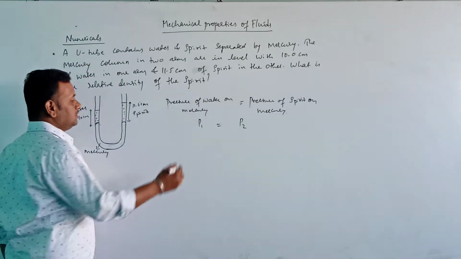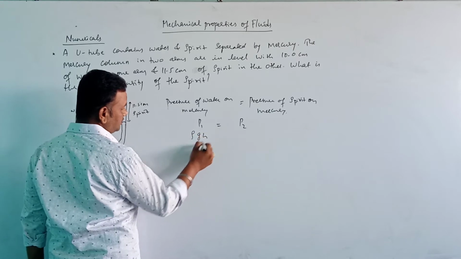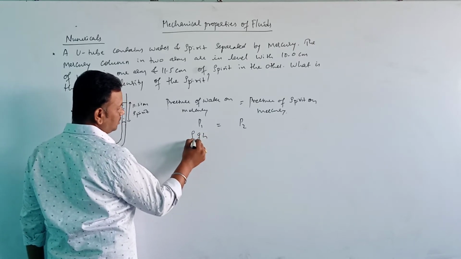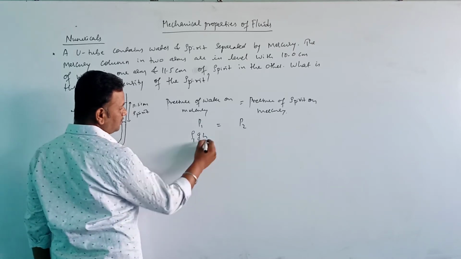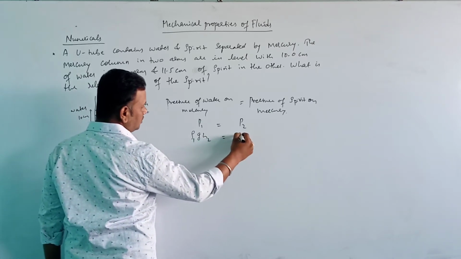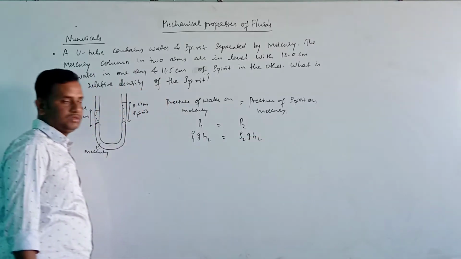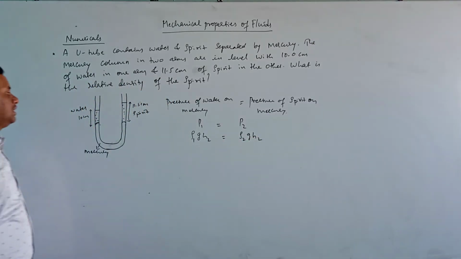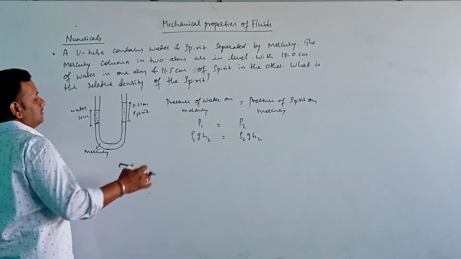So as the pressure is given by rho G H, I will indicate it as rho 1 G H1, where G will be the same acceleration due to gravity, is equal to rho 2 G H2. Okay. So now we need to calculate the relative density here. So for that, what we will do here?